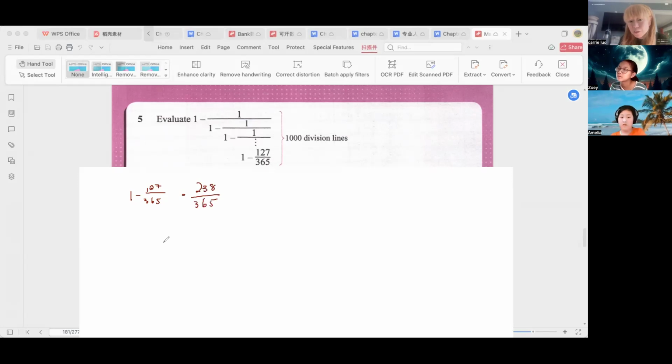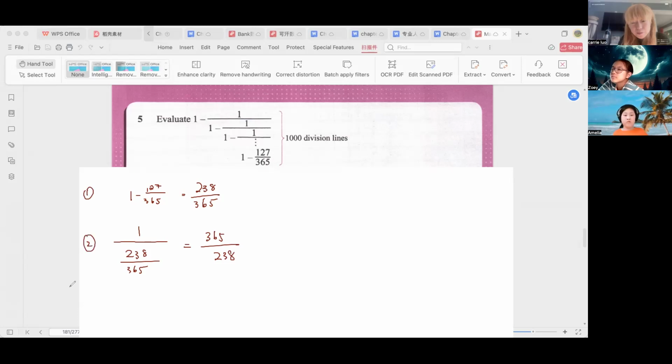Okay, that's the first layer. So the second layer will be 1 over 238 over 365, right? So equals what? 365 over 238. Yes.